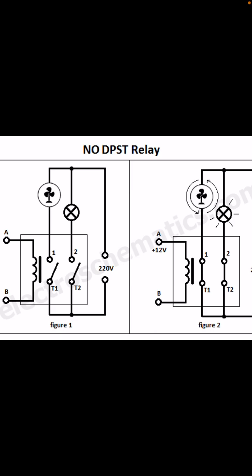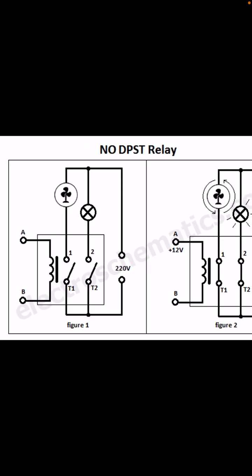So this one's going to be a double pole, single throw. So you see your two poles. There's one between T1 and 1. There's one between T2 and 2. But as you can see, there's only one path for it to divert power to. So in this case, it'd be a single source of 240 volts or 220.